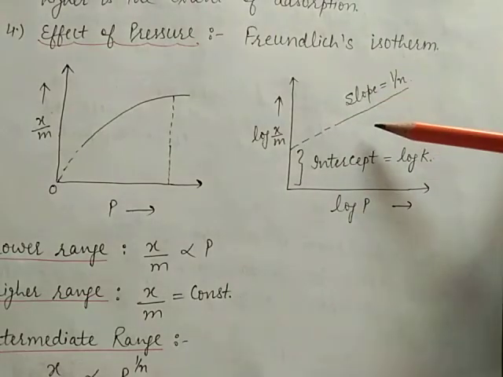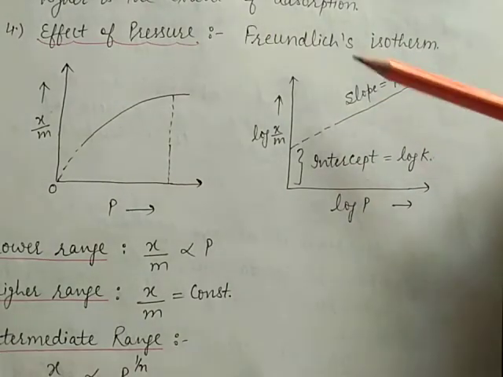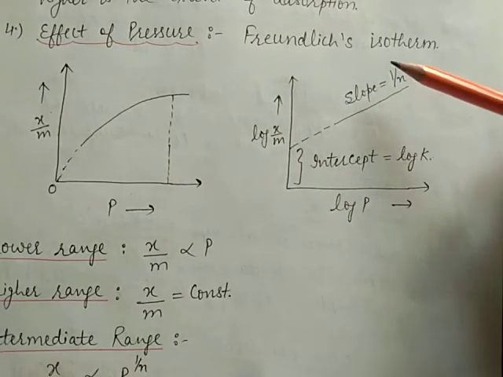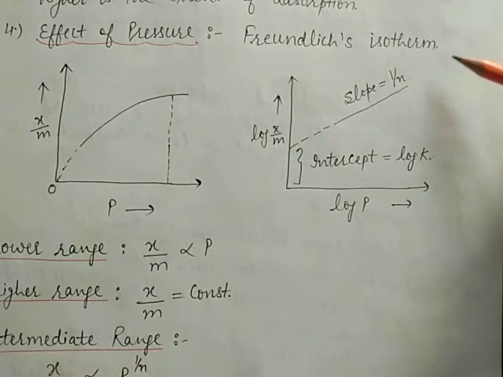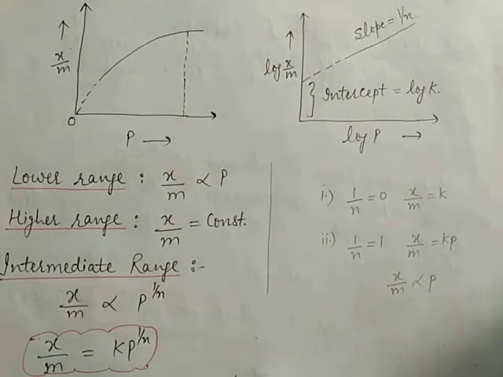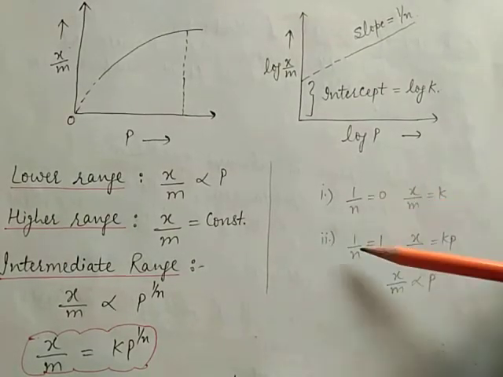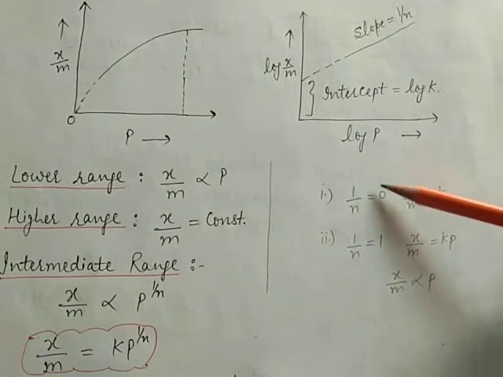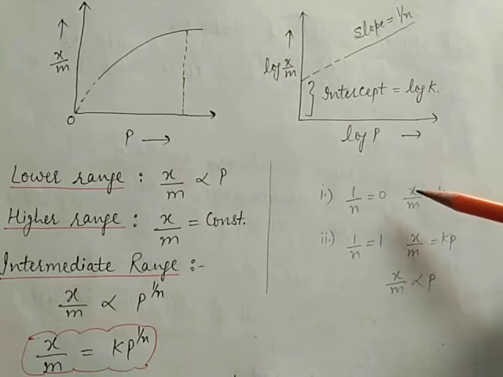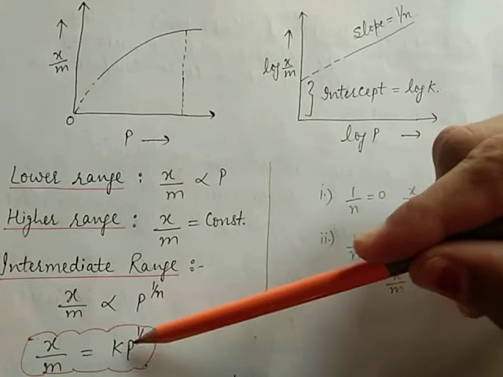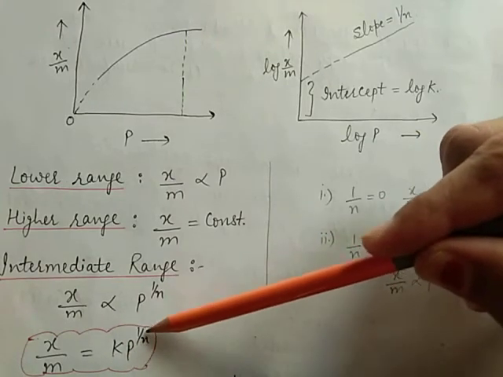This isotherm explains the behavior of adsorption. The value of 1 by n can be between 0 and 1. Here two cases are there. If the value of 1 by n is equal to 0, then putting this value here, x by m is equal to k P raised to the power 0.